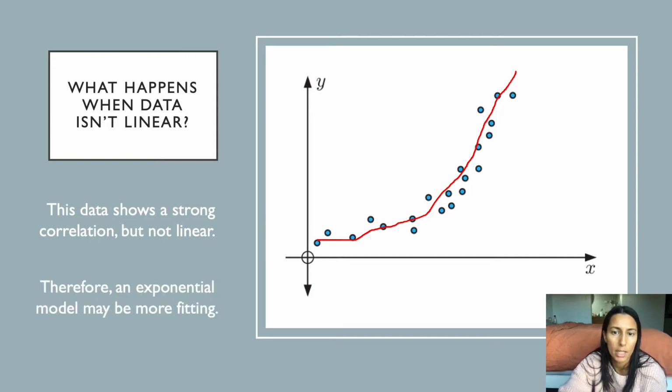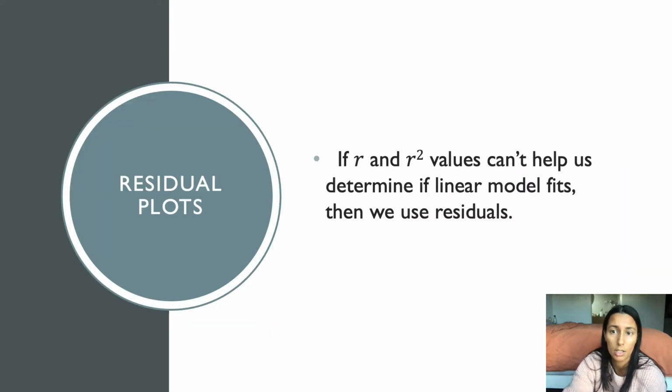So we can see here that an exponential model actually would be more appropriate. And this is important when it comes to us making predictions like we have been with the least squares regression. If your data is not linear, you wouldn't use that model because it wouldn't give you accurate results.